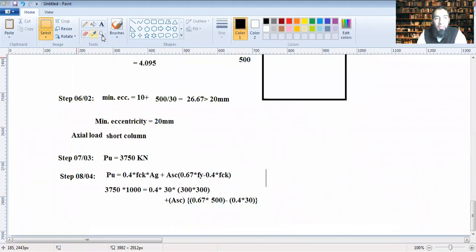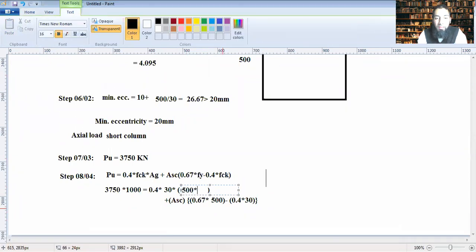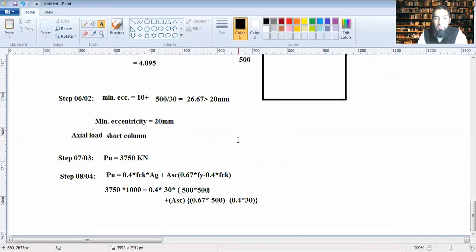Here you have 3750, then you have 0.4, FCK is 30, and AG is now changed. This is 500 cross 500. ASC is the same, 0.67 FY minus 0.4 FCK, FCK is the same.